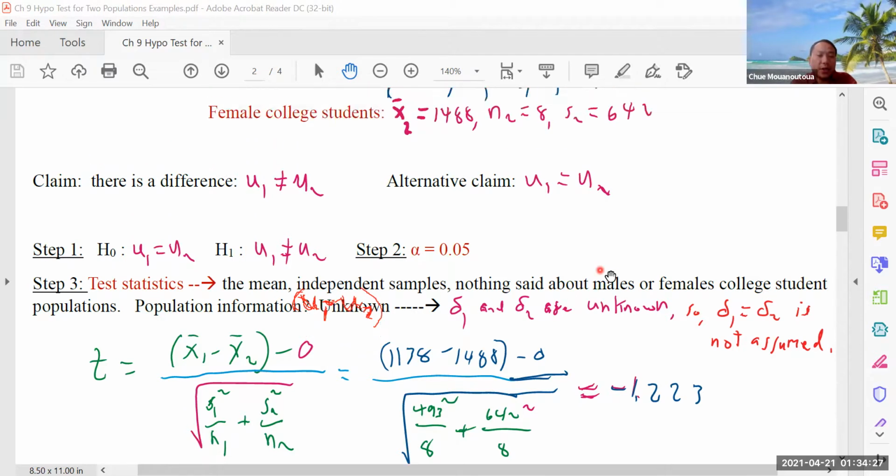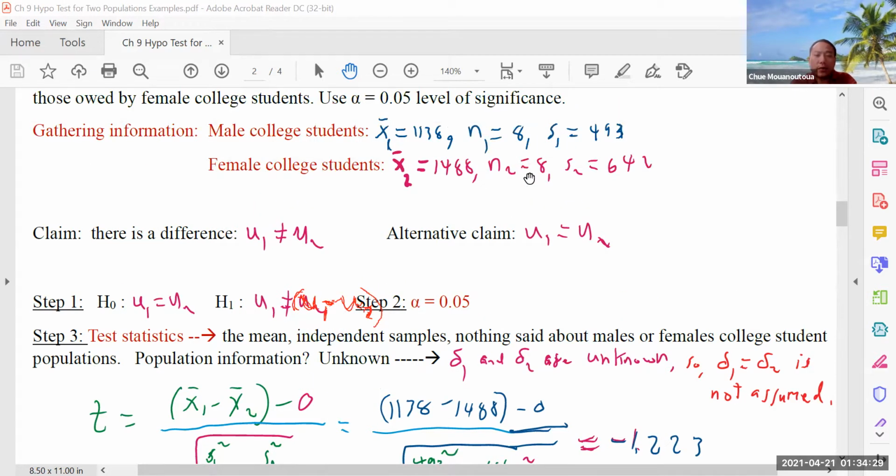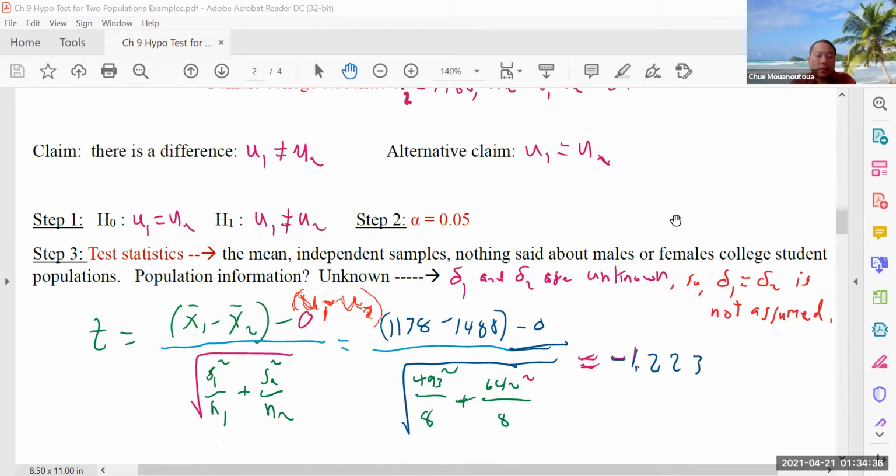When we get the information here, we already know N1, N2, S1, S2, X bar 1 and X bar 2, so we just plug it in. 1138 minus 1488 minus 0, divided by the square root of S1 squared, so 493 squared, divided by N1, which is 8.